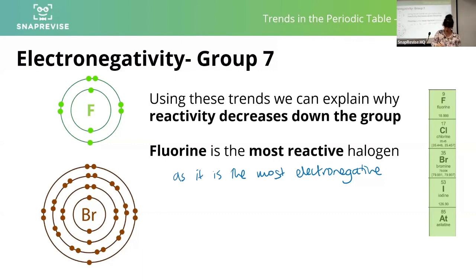Fluorine is also the smallest. Why will that mean that it's more reactive? Why does being small mean it's more reactive?